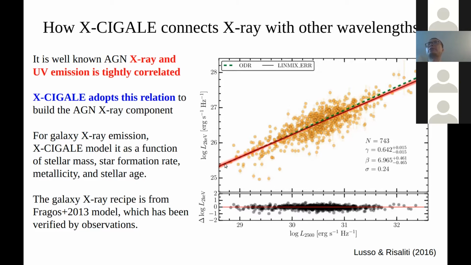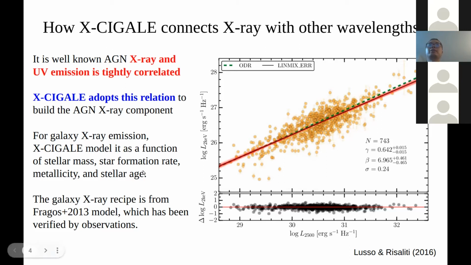This relation covers at least 3 orders of magnitude, with a very small scatter of only a factor of about 2. So we apply this relation in X-CIGALE to build the X-ray module, so that the AGN X-ray is connected to the UV optical emission.